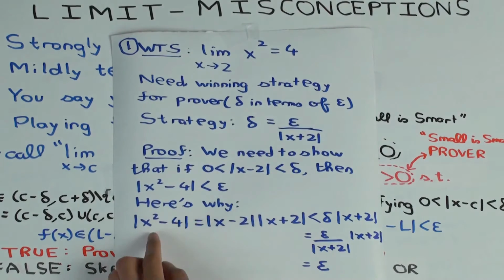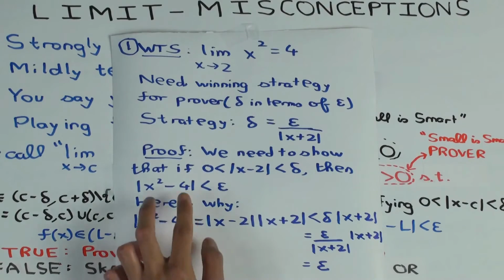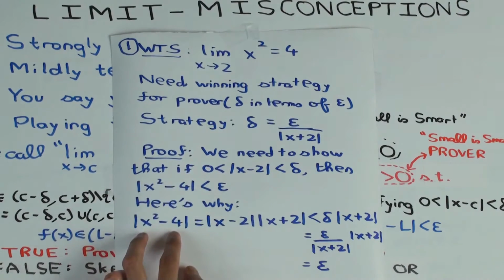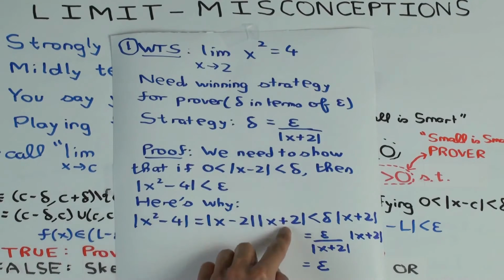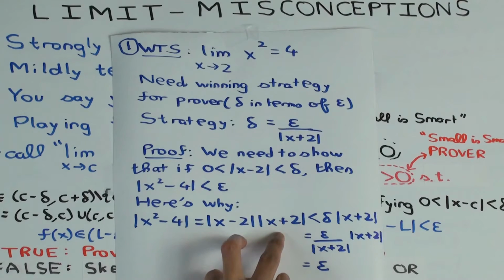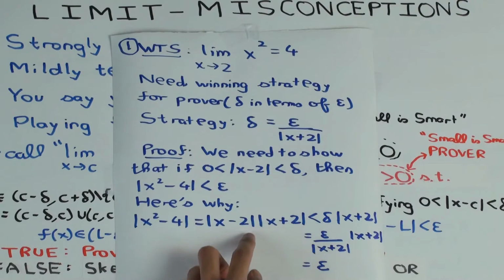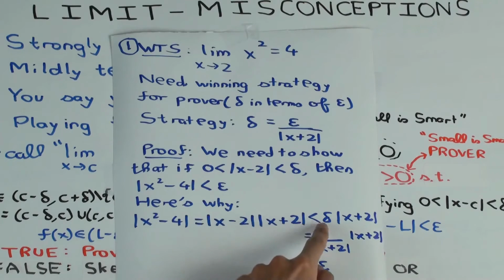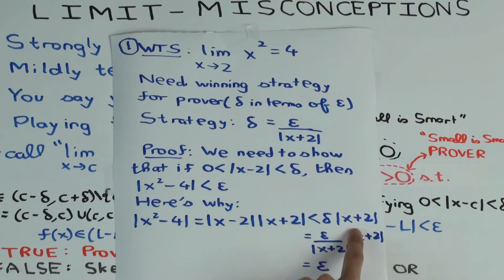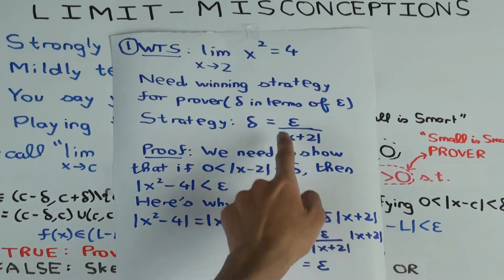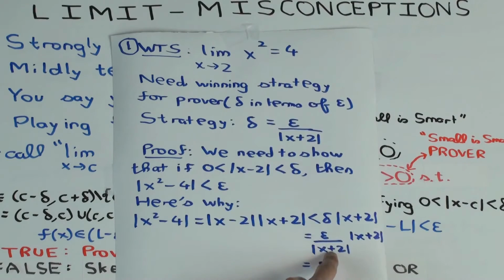Now, is that true? Well, here's how I do it. I start by taking this expression and factor it as x minus 2 times x plus 2, and the absolute value of a product is the product of absolute values, so this can be split like that. Now, we know that absolute value of x minus 2 is less than delta, and the other factor is positive, so we can write this as less than delta times absolute value of x plus 2. And this delta is epsilon over absolute value of x plus 2. So we multiply, the absolute values of x plus 2 cancel, and we get epsilon.